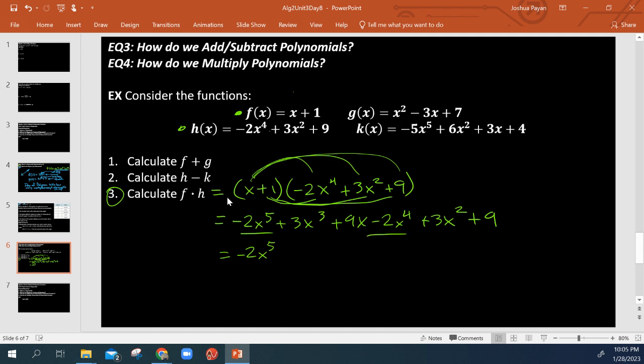Is there anything to the fourth? Yep. Is there anything else to the fourth? No, so that combines with nothing. Nothing to the third power besides 3x to the third, right? And nothing to the second power besides 3x squared. So we literally have nothing to combine, which is pretty brutal.